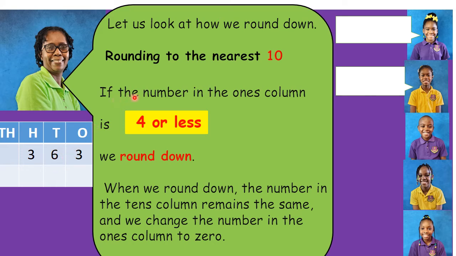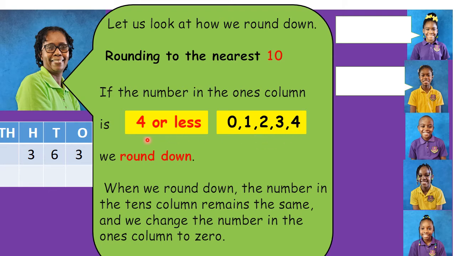Now it says if the number in the ones column is 4 or less, we round down. If the number is 4 or less, we round down. So I have found my tens column, so I need to look to the right over to my ones column to see if the number is 4 or less. And these are the digits or the numbers that represent 4 or less. 0, 1, 2, 3, 4.